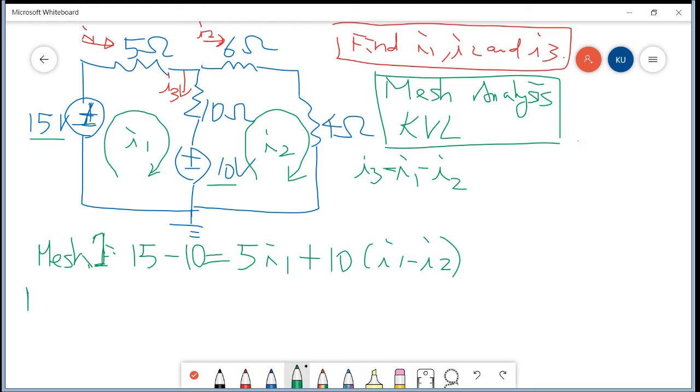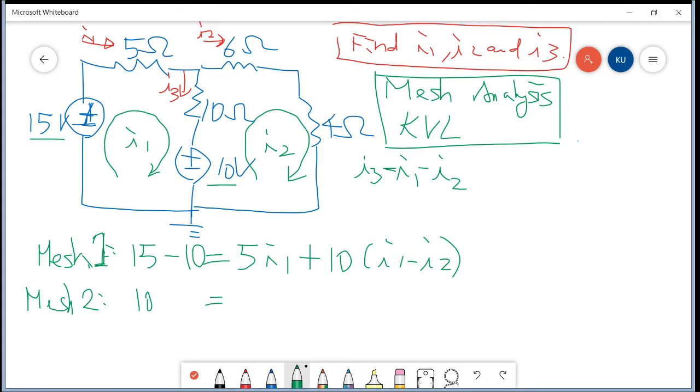So for mesh 2, which means this mesh, 10 should be a positive value because this is lower, this is higher, the same direction as this mesh. So 10 should be positive in this mesh, and there are no other voltage sources.